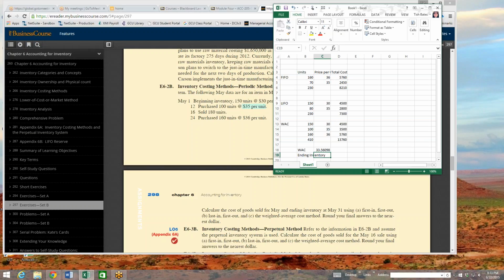And so you have 230 units left times the 33. So hang on, let me put this in a formula. 230 units times this 33, and that's going to give you the 7719.